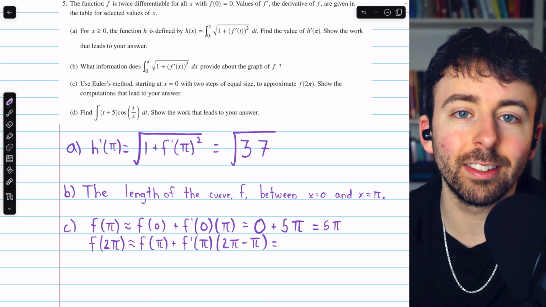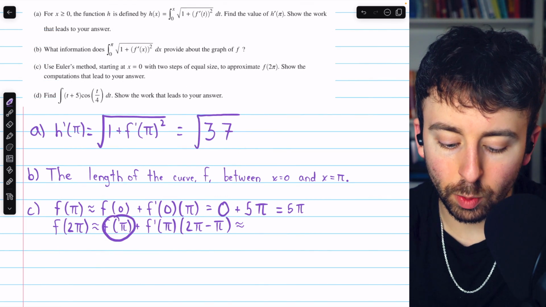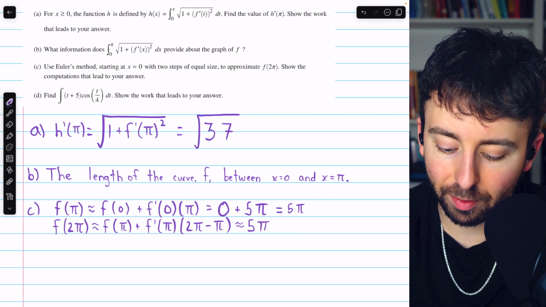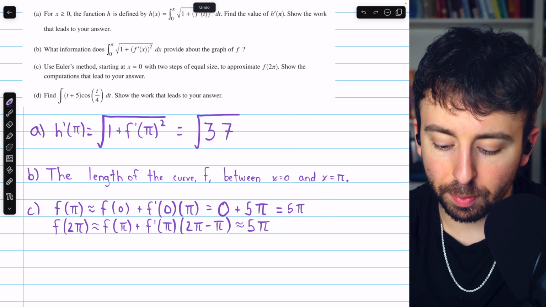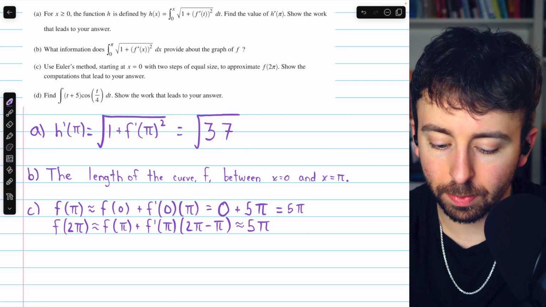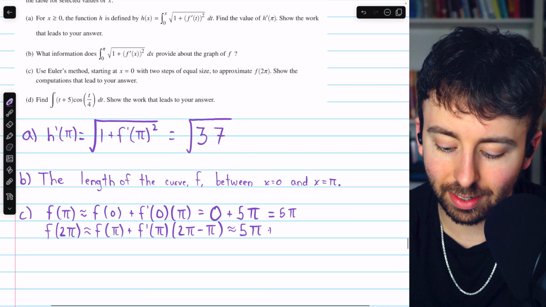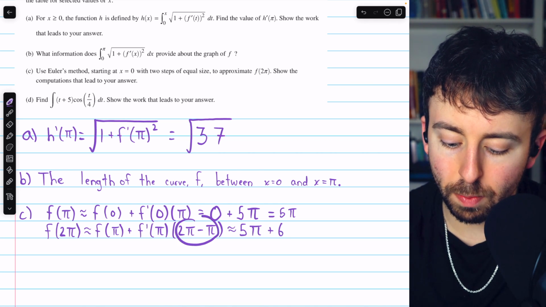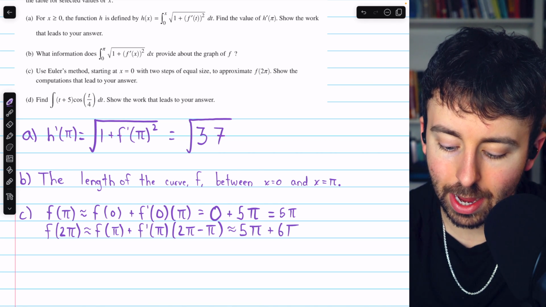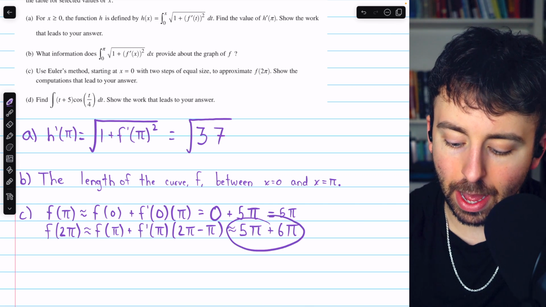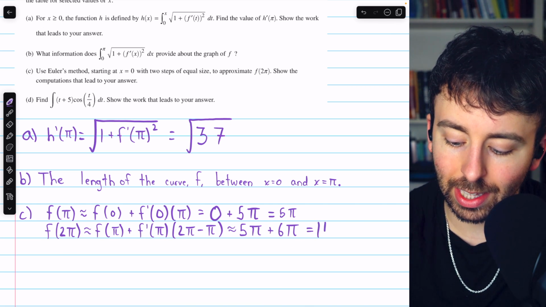So let's start to plug in some of this information. F of pi, we know from the first step, is about 5 pi. So this is about 5 pi. And then f prime of pi, we know from the table, is 6. So this is going to be plus 6 multiplied by 2 pi minus pi, which is pi. So f of 2 pi is about 5 pi plus 6 pi, which is 11 pi.